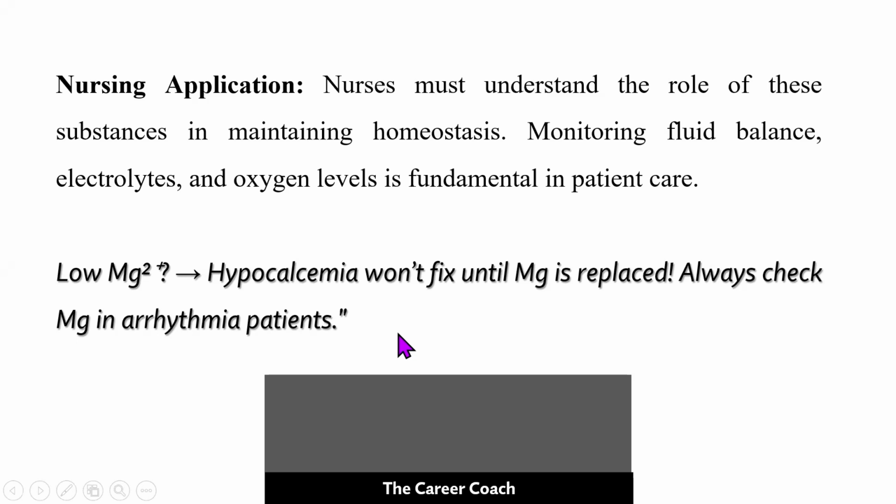Even if calcium supplements are given, it will not work because magnesium is needed for the release and action of the parathyroid hormone, PTH, which regulates calcium levels in the blood. So if magnesium is low, parathyroid does not work. So even if you give calcium supplements, there will be no improvement in calcium levels.